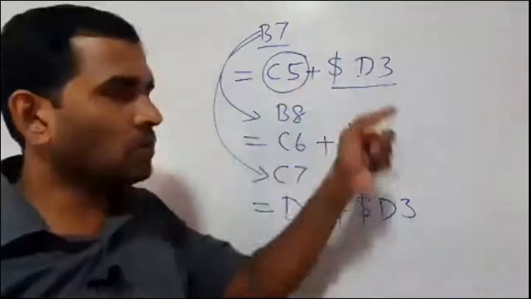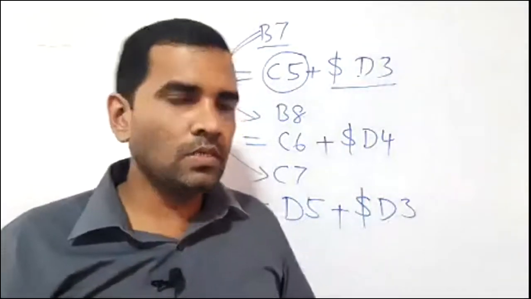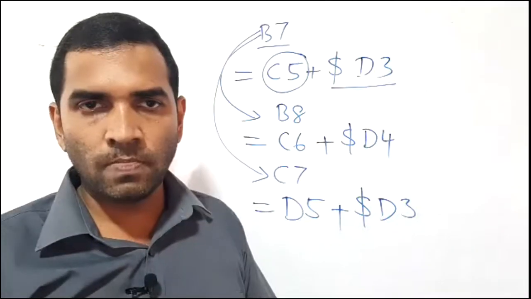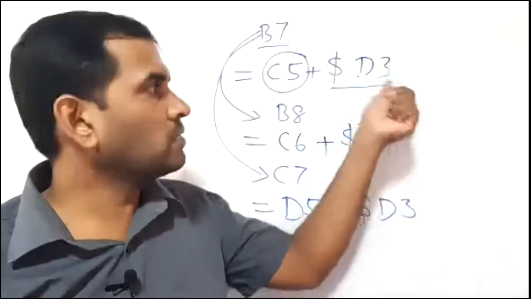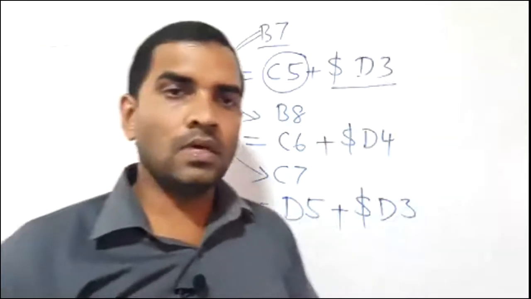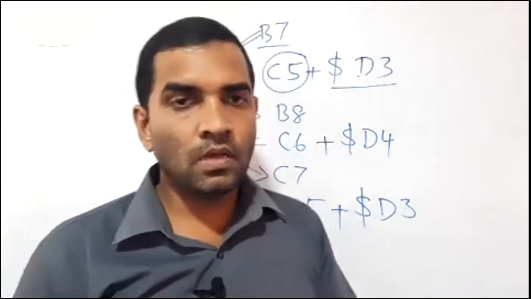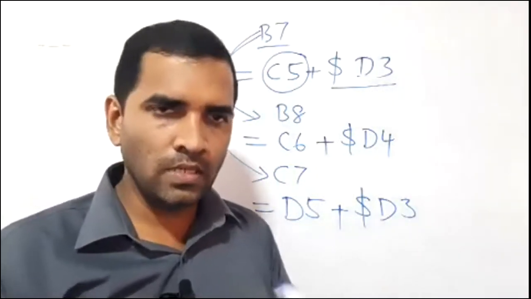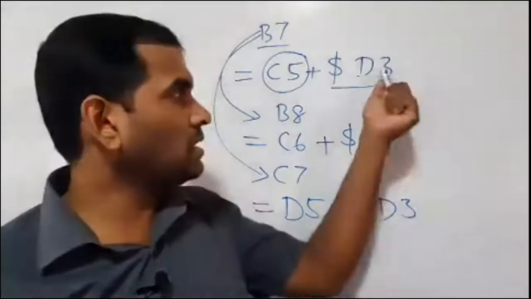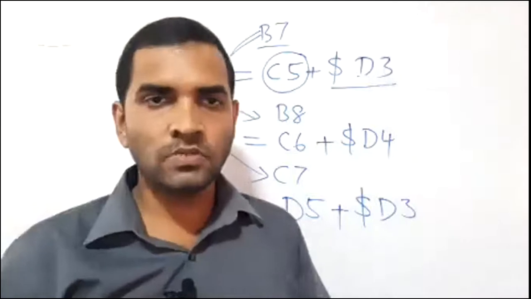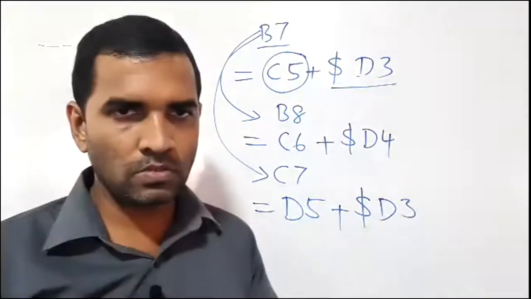If you copy this formula anywhere in the worksheet, you can keep the column as it is. It remains $D, but the 3 can be changed. So this kind of cell address is called a column absolute cell address. If a cell address has a dollar, then it is absolute. Here the row is changed, but the column is the one which is prevented. So this is called column absolute.